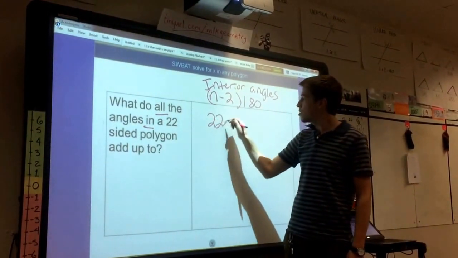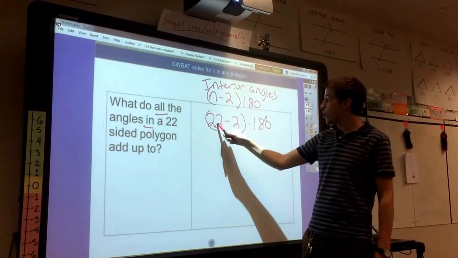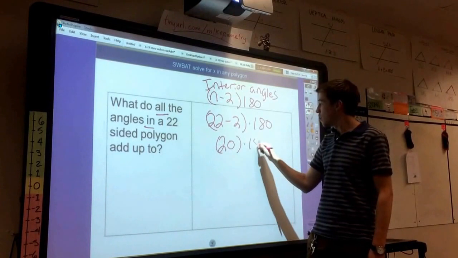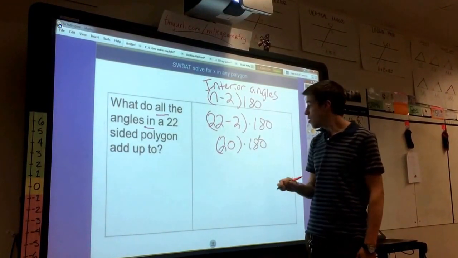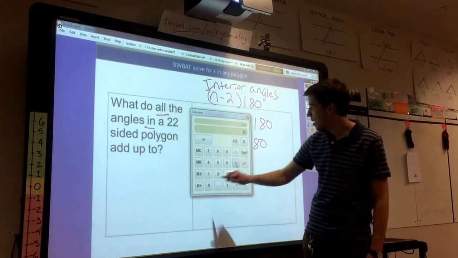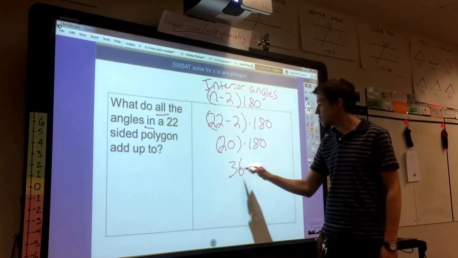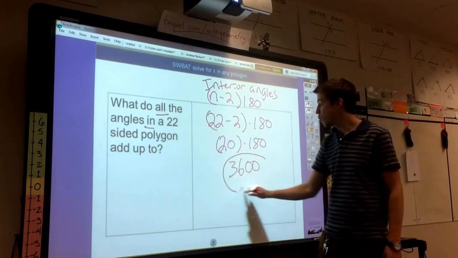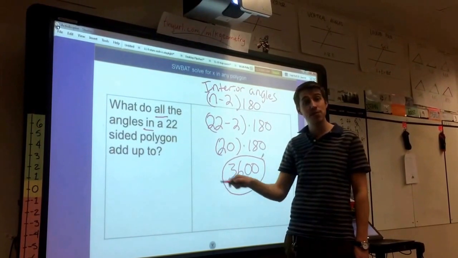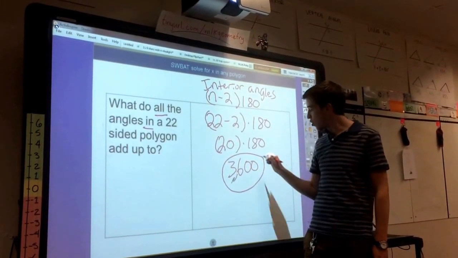So I'll plug in my 22 times 180. 22 minus 2 is 20, times 180. 20 times 180 will be 3,600, which means if I take all 22 angles and add them up together, we're going to end up with 3,600 degrees.